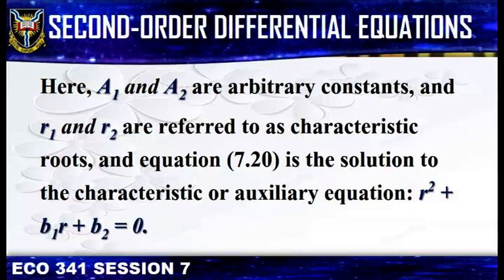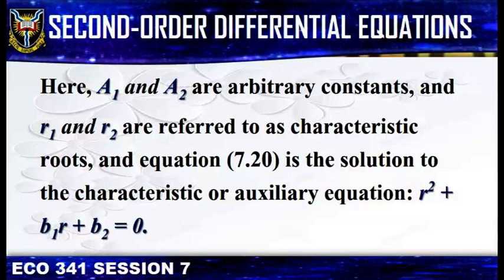Example 2. The complementary functions for equations 1 and 2 in example 1 above are calculated as follows. For equation 1, r1, r2 is equal to 5 plus or minus the square root of minus 5 squared minus 4 times 4, over 2, is equal to 5 plus or minus 3 over 2, is equal to 1 or 4.